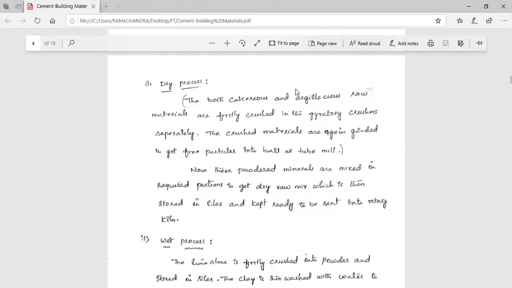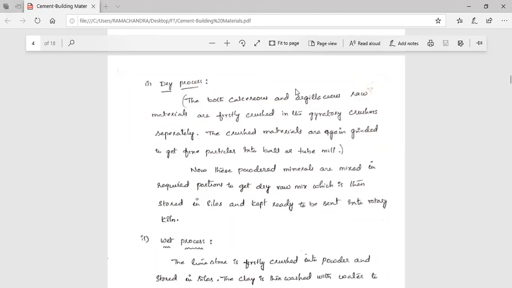We use rotary crushers for the formation of fine powders separately. After that, the crushed materials are again ground to get fine particles in a ball mill or tube mill.